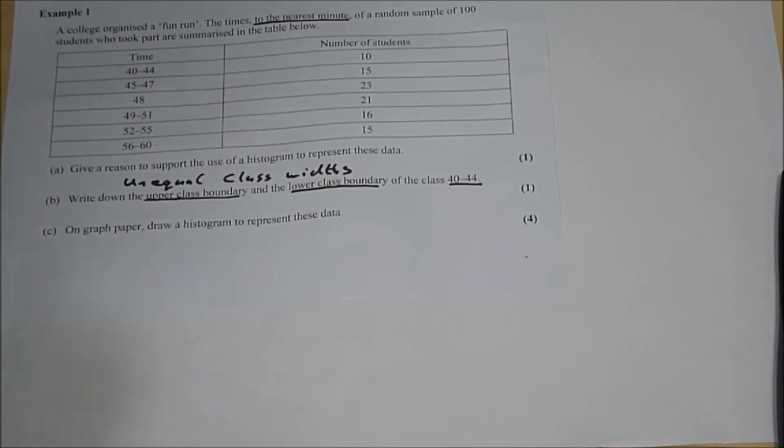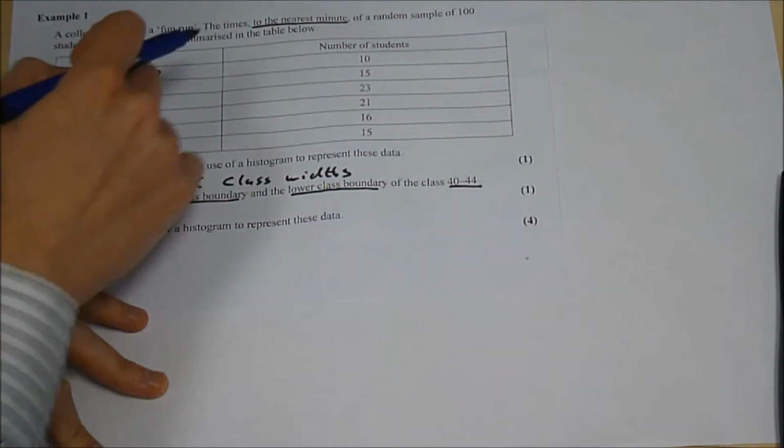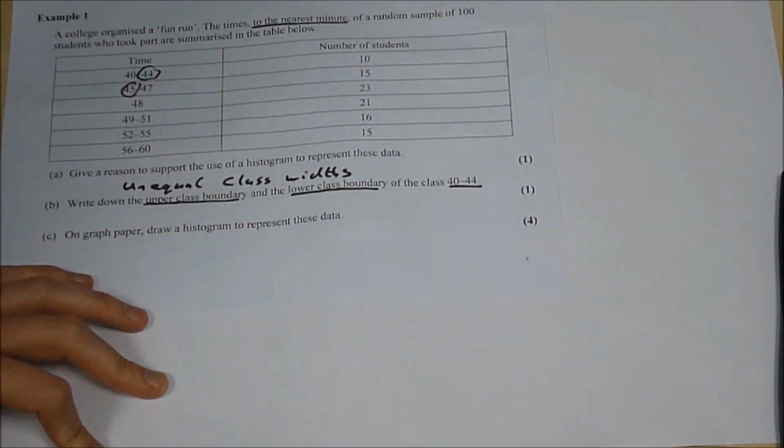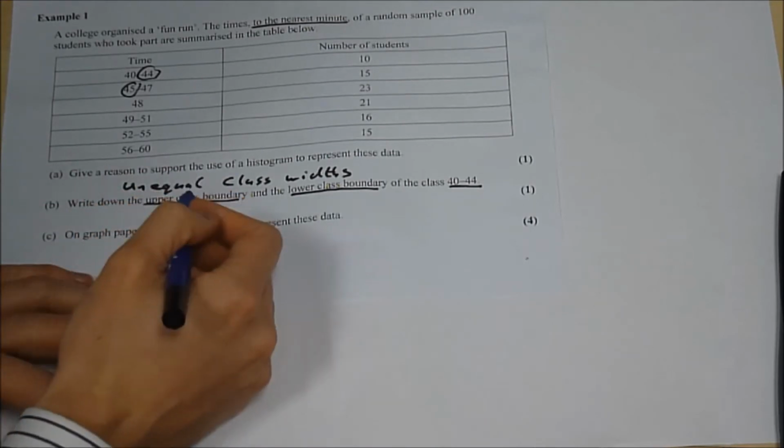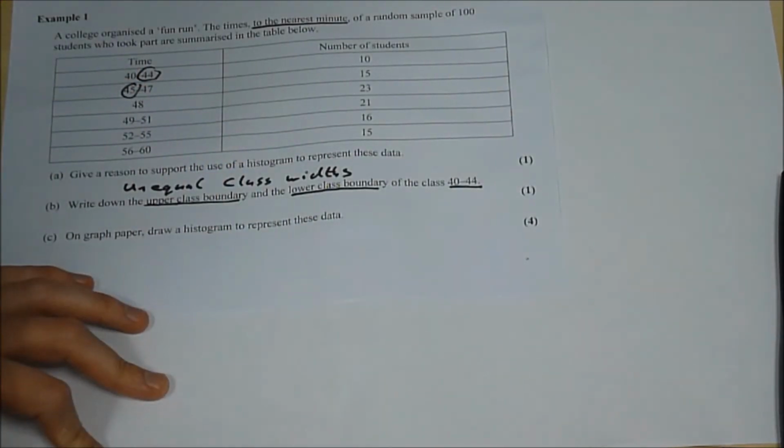If someone got 46 minutes 35 seconds, they'd be in the second block. But if someone gets 44 minutes 20 seconds, they're somewhere in between these two values here, this one and this one. Because the boundaries don't match, we're going to have to put our class boundaries halfway in between.